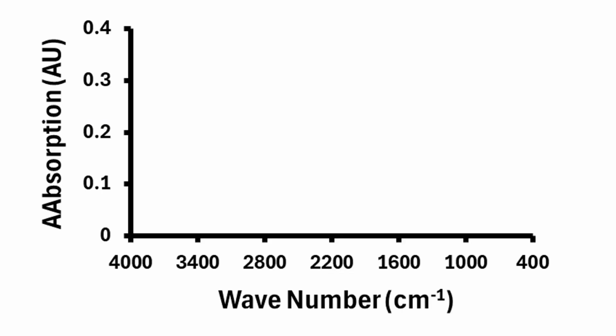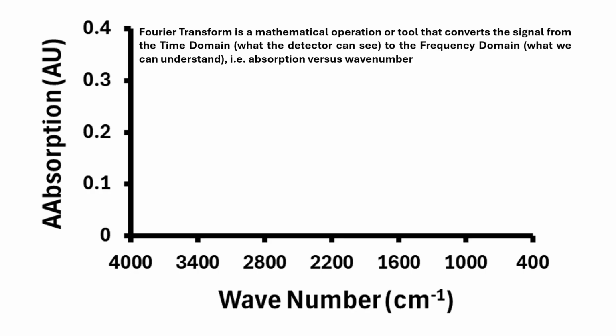The interferogram is raw data and we need to decode it. The Fourier transform is a mathematical operation or tool that converts the signal from the time domain, that is what the detector can see, to the frequency domain, that is what we can understand, that is absorption versus wave number. Time domain means intensity decays with time.